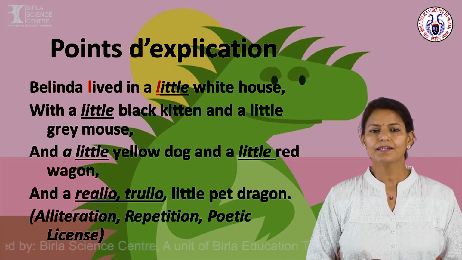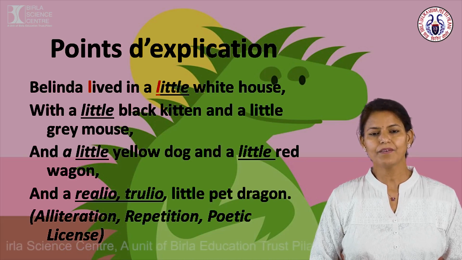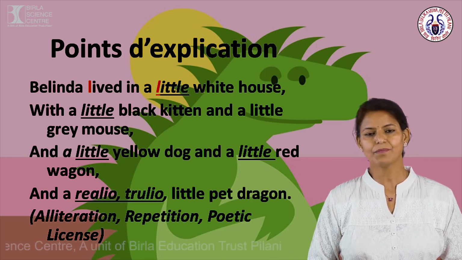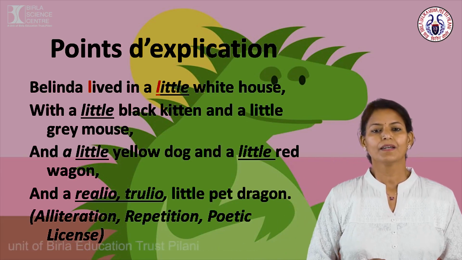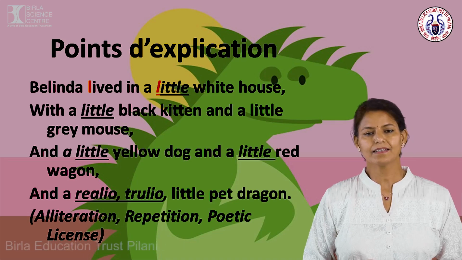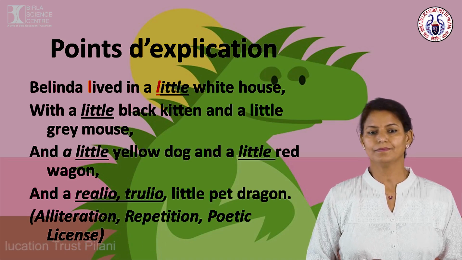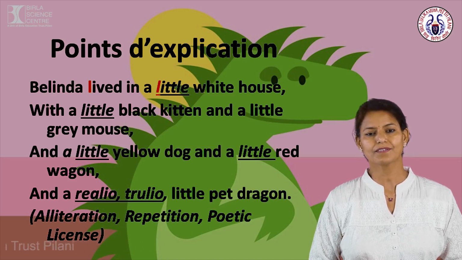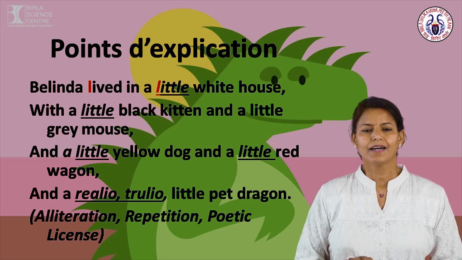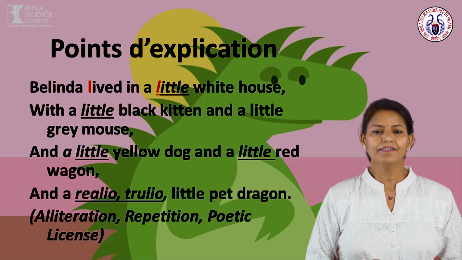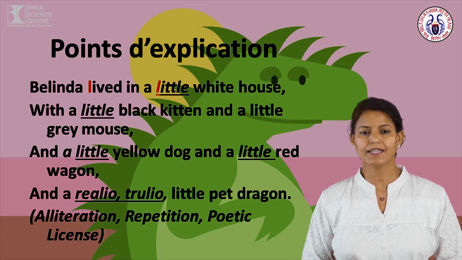And also, the word little has been repeated 6 times in the stanza and some other stanzas of the poem to emphasize the setting of the poem, to describe the house of Belinda and the little pets she owns. The last line, and a really truly little pet dragon.